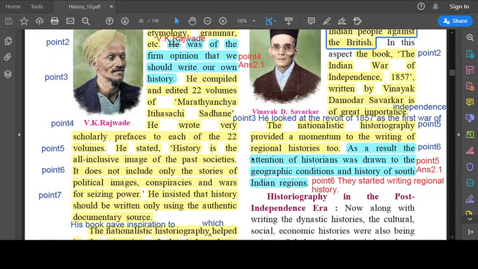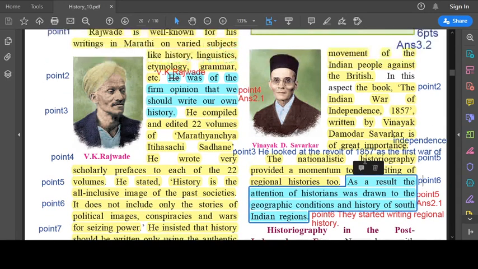The nationalistic historiography provided a momentum to the writing of regional histories too. This is point 5. And point 6. As a result, the attention of historians was drawn to the geographic conditions and history of South Indian regions. So, answer 3.2, 6 points.